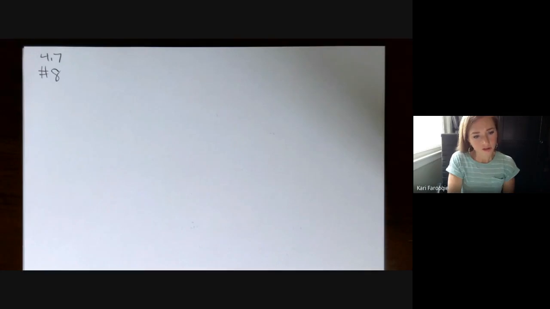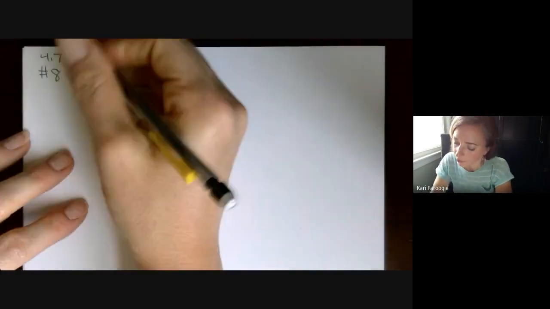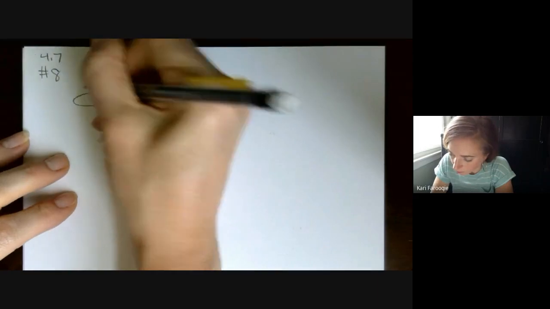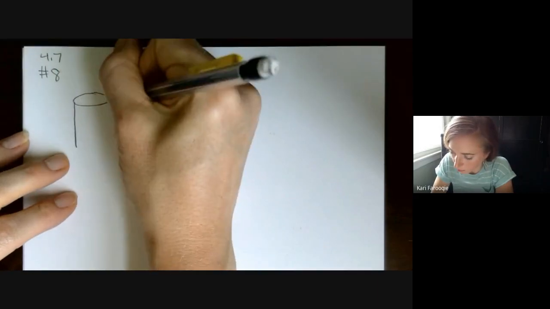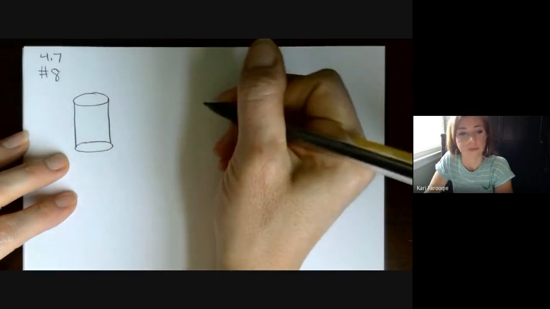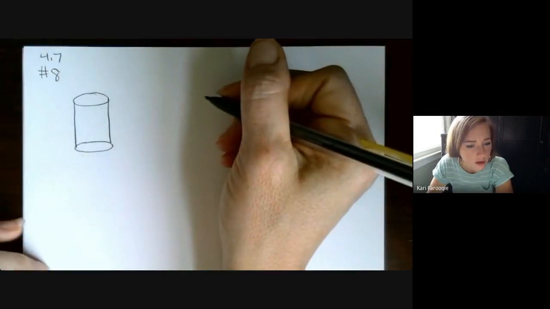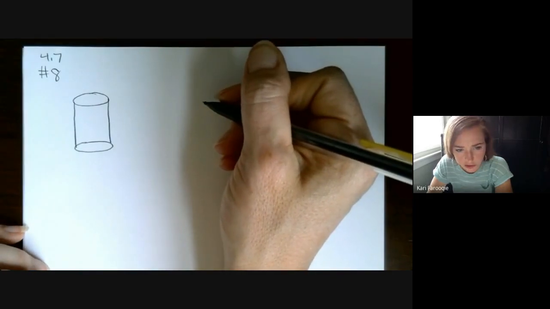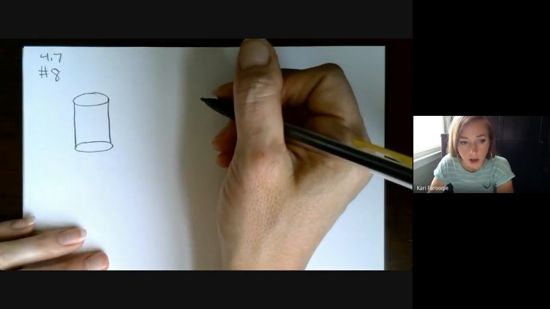A cylindrical container. Let's draw that. That has a capacity of, I'll do this variation, 10 meters cubed.